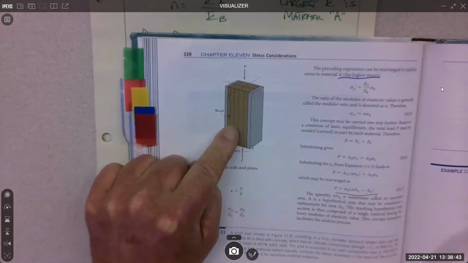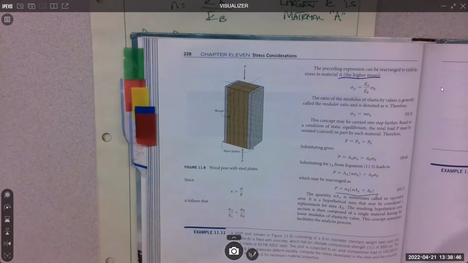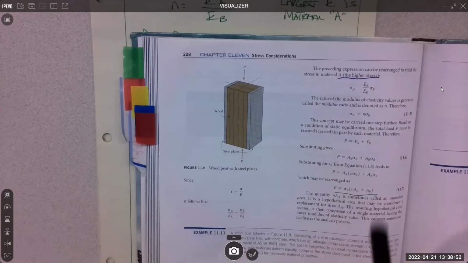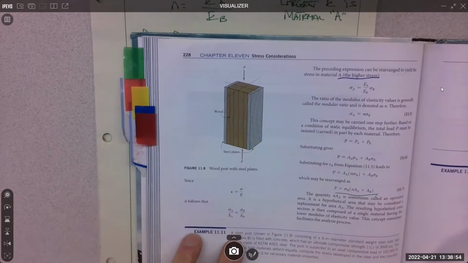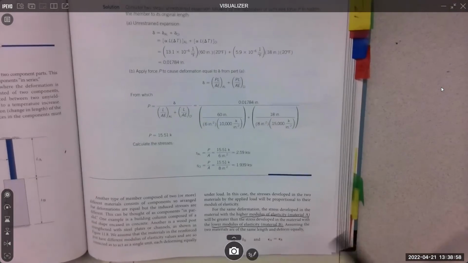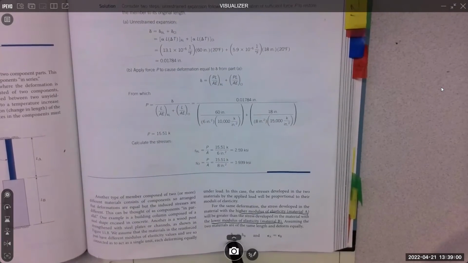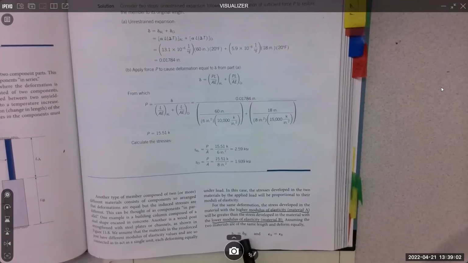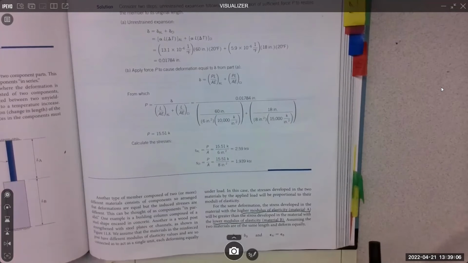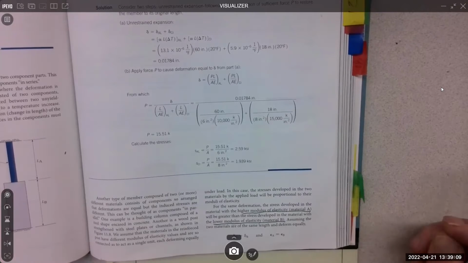If you have anything else, you have to determine the stress in each one, like we did on that one problem. This one, they act together. So the key is, do the two act together, and is the elongation of material A and the elongation of material B equal to each other? Like concrete and rebar, those act together, right?